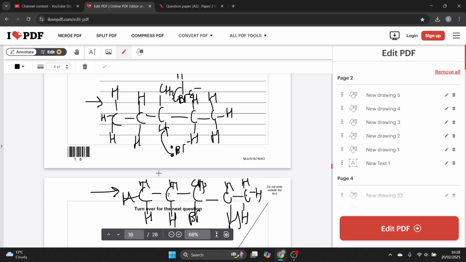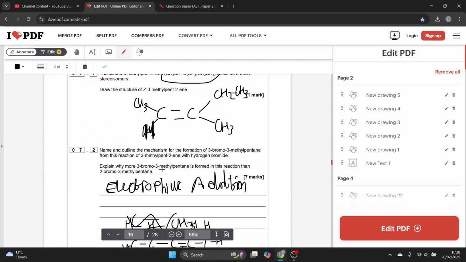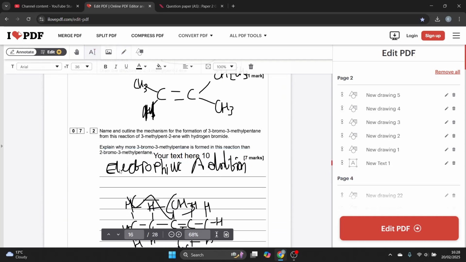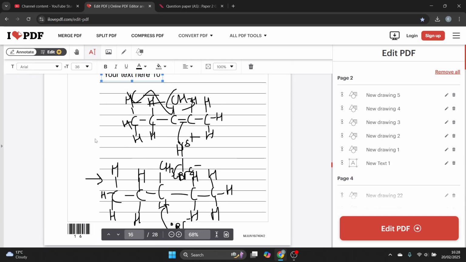And that is for 5 marks, and the other 2 marks are for explaining why more 3-bromo-3-methylpentane forms than 2-bromo-3-methylpentane.